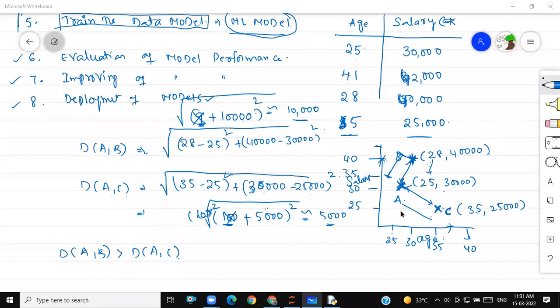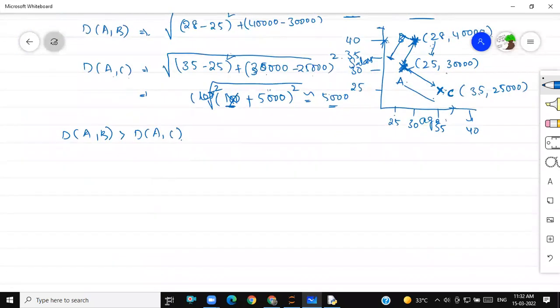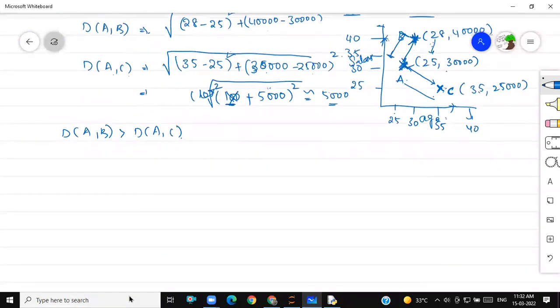That is the reason why we have to bring all this data into a common scale. So age data should be always between 0 to 1, and your salary also has to be between 0 to 1.